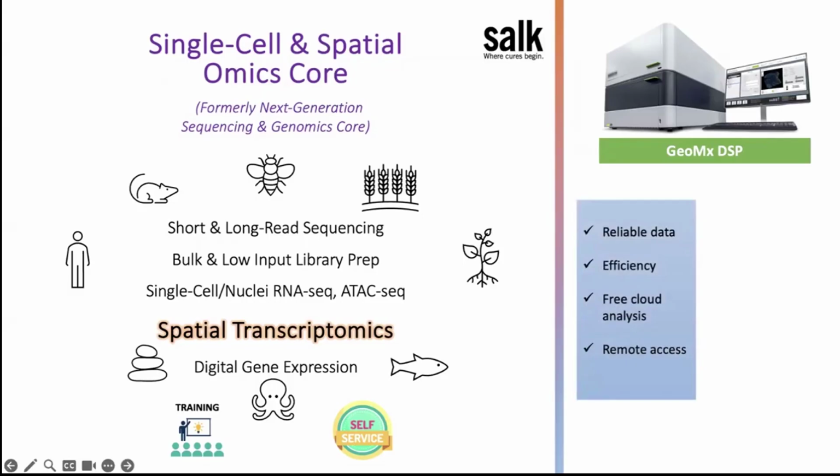We get very powerful data, and usually all the data that we got are confirmed with other assays. This is a very efficient instrument. What we also like is that it provides a free cloud analysis software, and we also have remote access to the instrument.